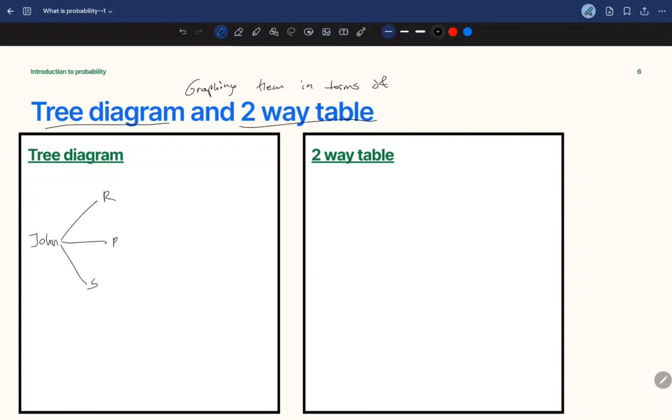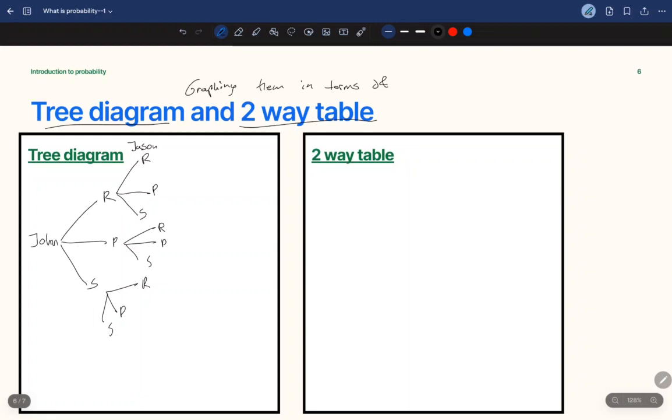When John does rock, Jason could do rock, paper, or scissor. When John does paper, Jason could do rock, paper, or scissor. When John does a scissor, Jason could do rock, paper, or scissor.